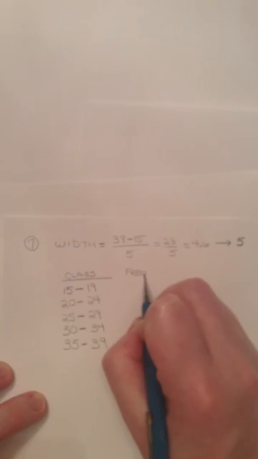And so far as the frequencies, in the case of the 15 to 19 group, there are going to be 3. From 20 to 24 there will be 18. From 25 to 29 there are also going to be 18. 30 to 34 we have 8.